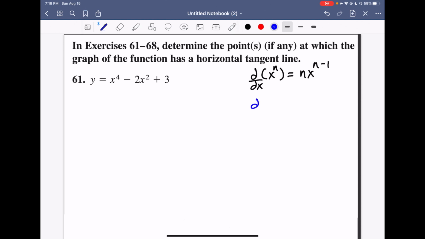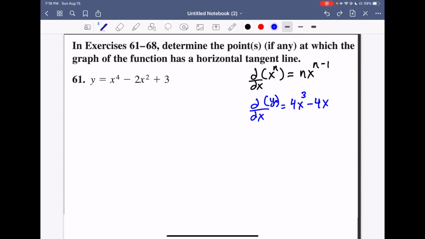Here we have the derivative of, in this case, y, which is in terms of x, is equal to 4x to the third power minus 4x, and then we have a plus 0 because it's a constant, but we really don't express that. So that's our first step.